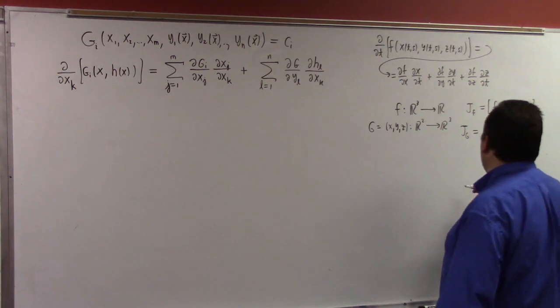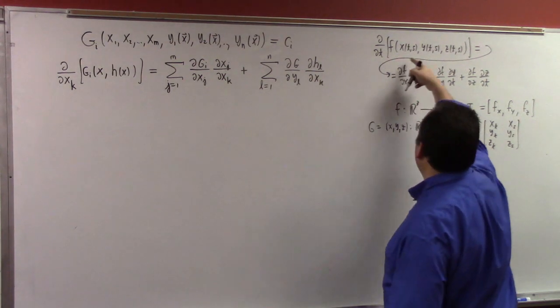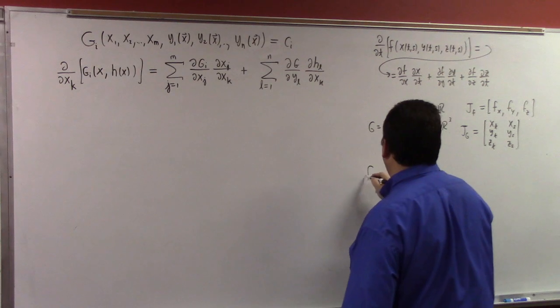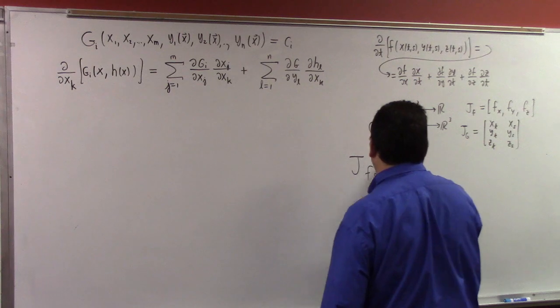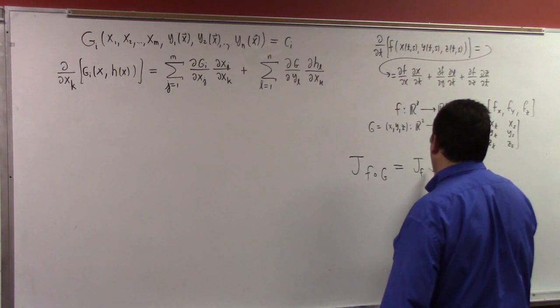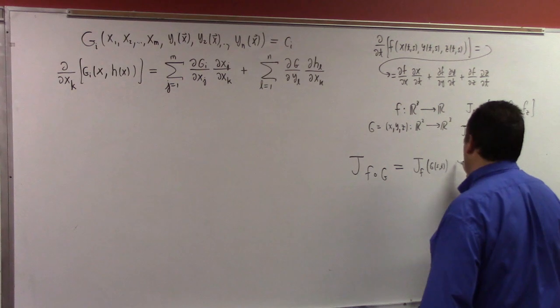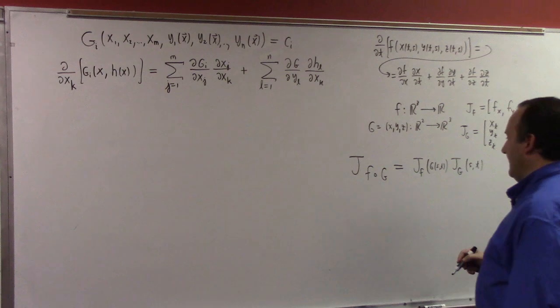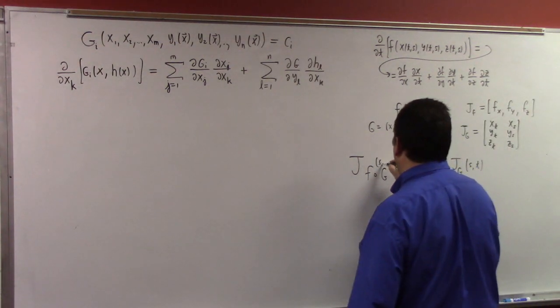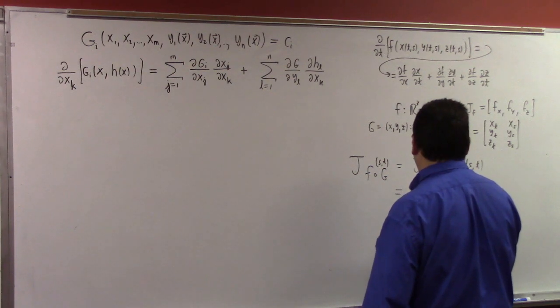And so this is f composed with g. If I calculate the Jacobian of f composed with g, it turns out that's the Jacobian of f evaluated at g of (s,t), times the Jacobian of g at (s,t). I'm going to drop the point dependence.